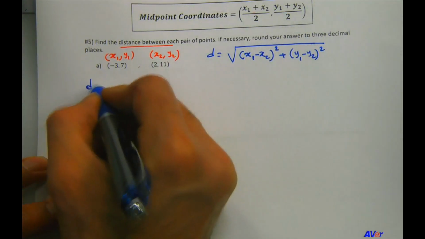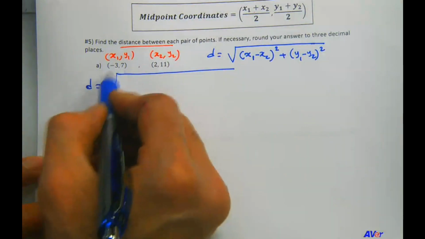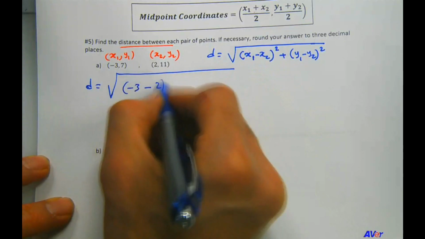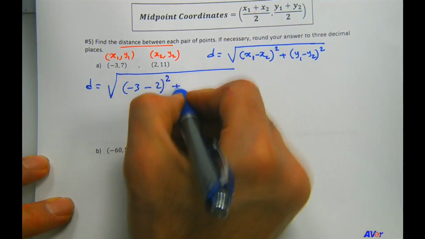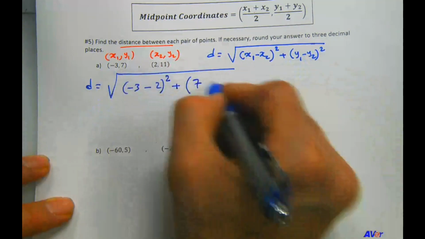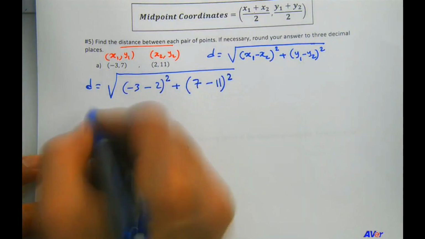We have the distance formula, x1 minus x2. x1 is minus 3, minus x2, which is 2. Square that difference, plus y1, which is 7, minus y2, which is 11 squared, right?